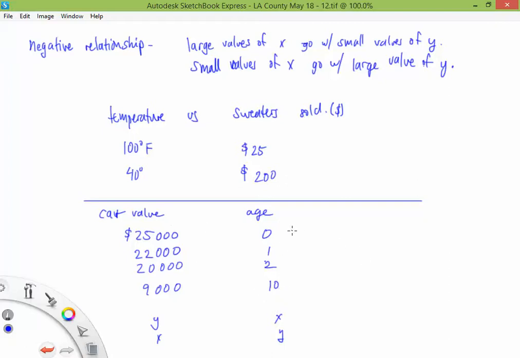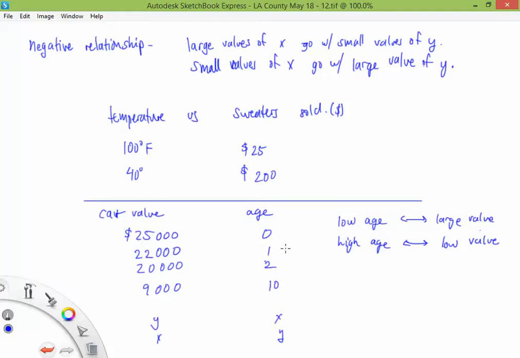Over here we see low age goes with large value, and high age goes with low value. So that's a negative relationship. Is that okay with everybody?